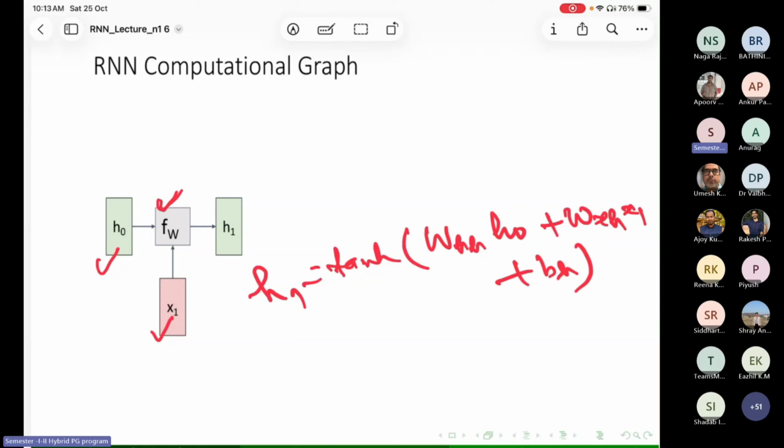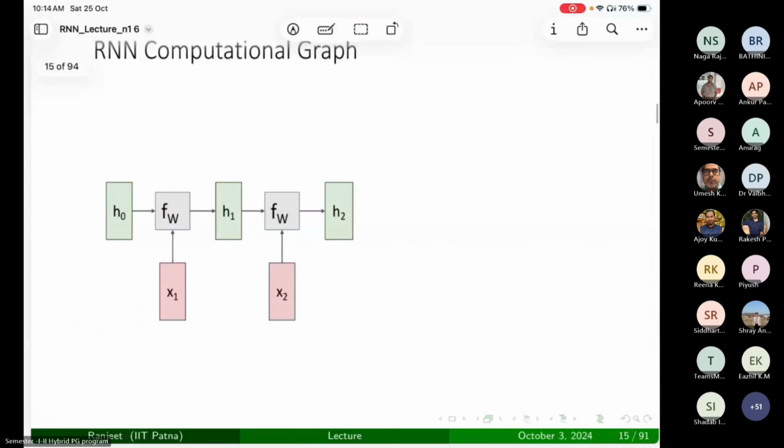Now if I ask you what is there in the h1, you can say, hey, in the h1 we have aggregated the information of x1 and h0. But in h0 there is no information, so your h1 is containing the information of x1 only, at the starting. You have to go further. So suppose I have given one example. This is a cat, and you have to process it.